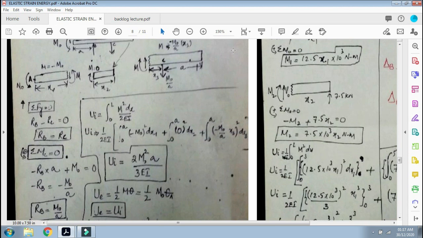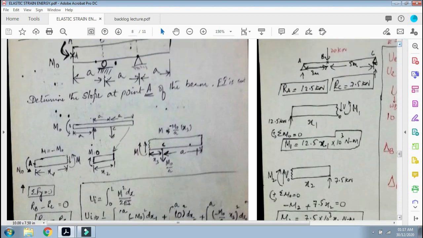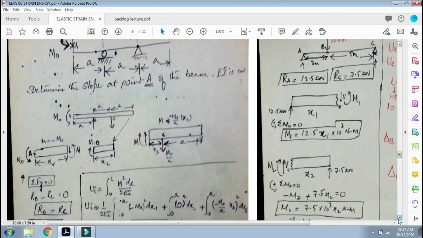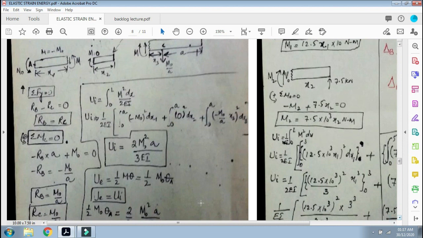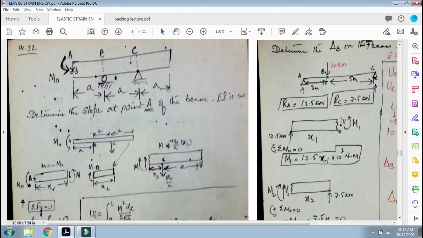But since, as I've told you in the theory, this is an external couple moment, the work done by this external moment will be half M naught theta A. Why theta A? Because this M naught is acting at this point, so the slope will be considered at the point where the couple moment is acting.